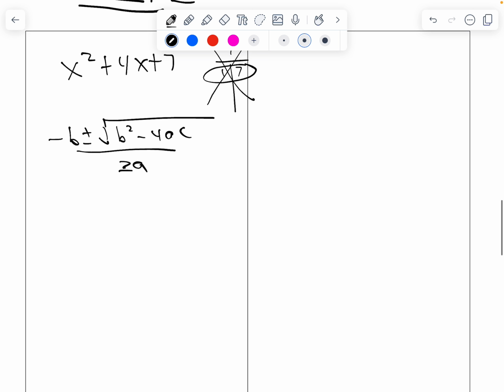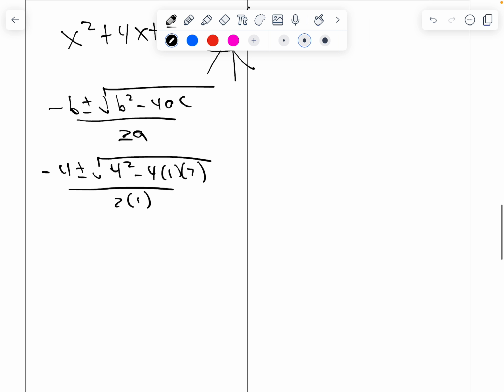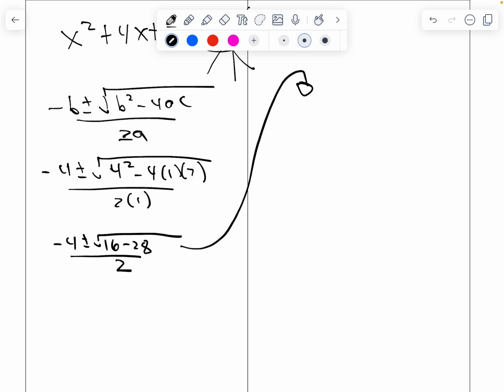Let's start plugging things in. -4 plus or minus the square root of 4 squared minus 4ac, over 2a. Cleaning that up is going to give us -4 plus or minus the square root of 16 minus 28, over 2. Let's bring that over here. -4 plus or minus the square root of -12, over 2.